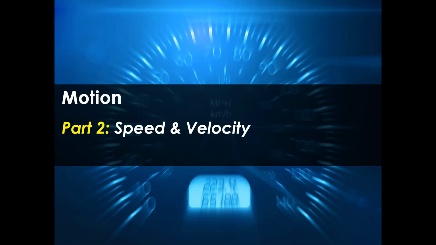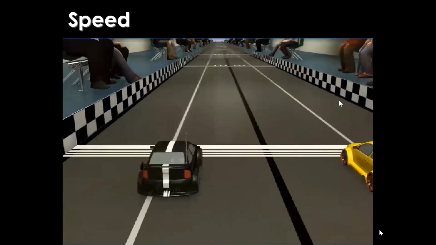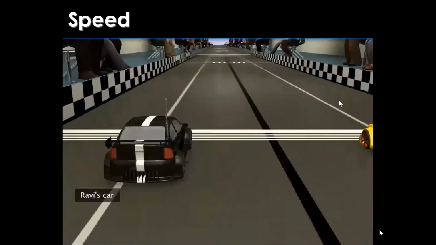To get to know what is speed and what are the different types of speed we will be coming across, let's quickly go and witness a car race between two. One is Ravi and the other one is Suresh. They both are all set to start a race of 200 meters.